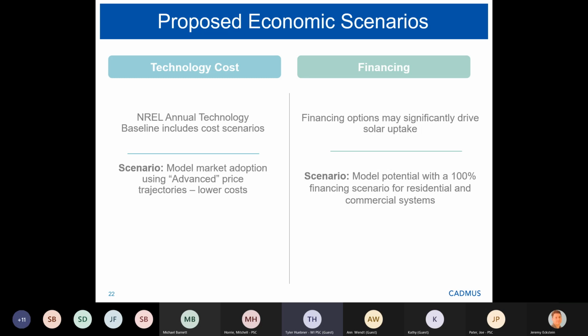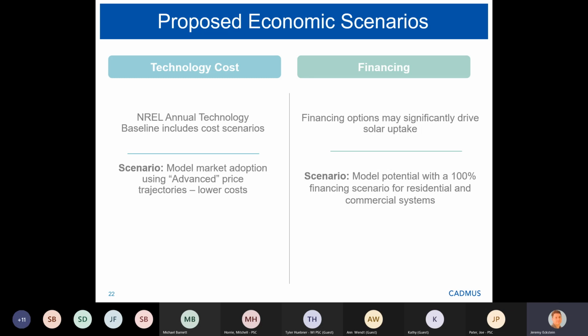I don't know if that's true, but Wisconsin net metering changes, that's one that nobody else will have done. So that may lend itself to being something that this study would be able to uniquely accomplish. So, okay, I'm just thinking. Thank you.